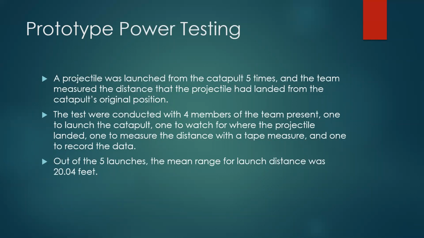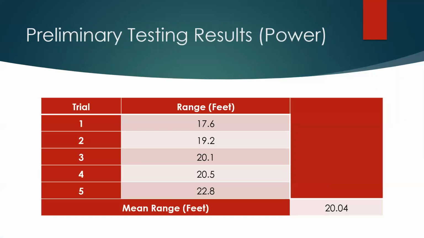We did this with 4 people so we could keep accurate results every time, because we wouldn't know if shifting the positions of other people would change how far the catapult would launch its projectile. So out of those 5 launches, the mean range for the launch distance was 20.04 feet, and the ranges for all those trials are recorded in this table.